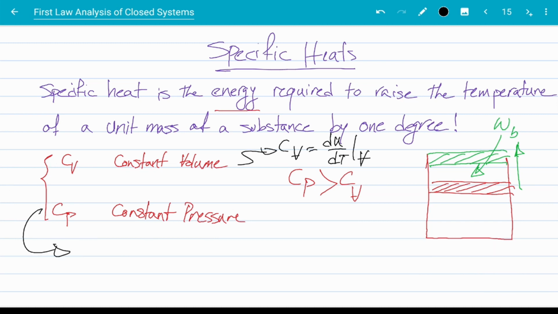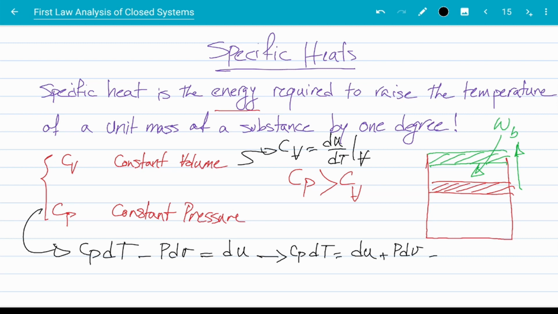I can write the same thing for the constant pressure. I can say the amount of energy needed, which is Cp dT, minus the amount of energy required to move the piston, or the boundary work required to keep the pressure constant, is equal to the change of internal energy, which gives me Cp dT is du plus P dv, right?